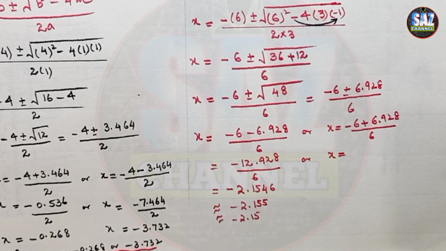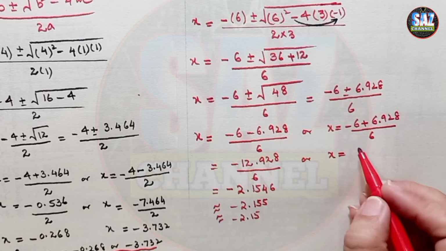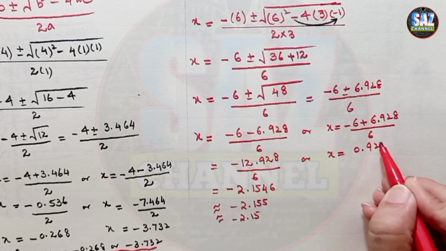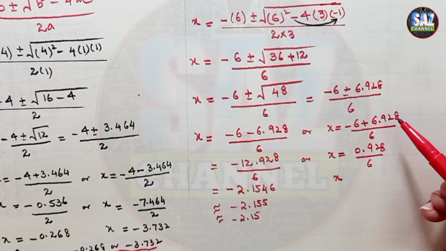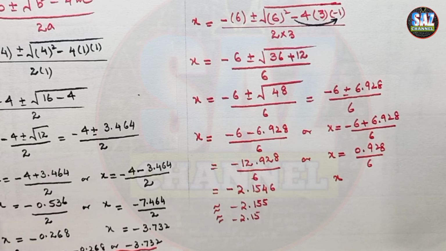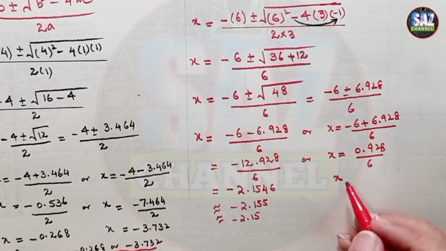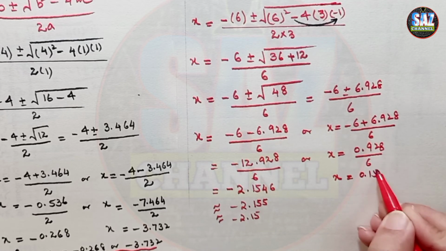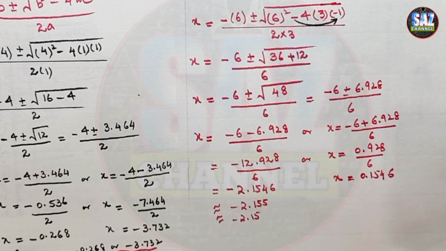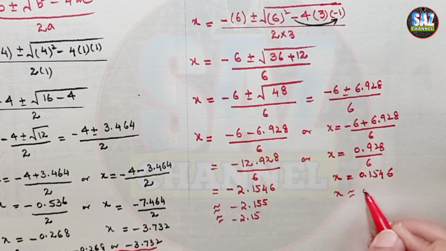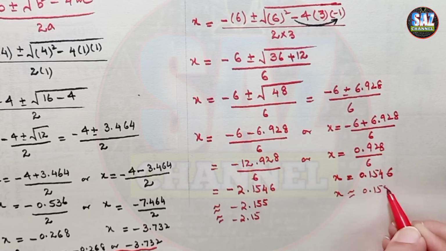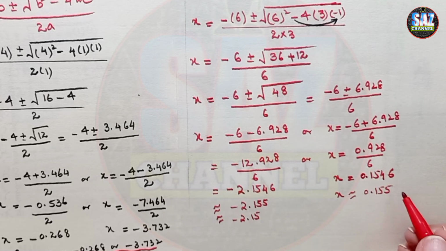Because 6.928 is bigger, it will be positive, divided by 6, and this gives me 0.1546, which can be taken as approximately 0.155. These are the three significant figures.